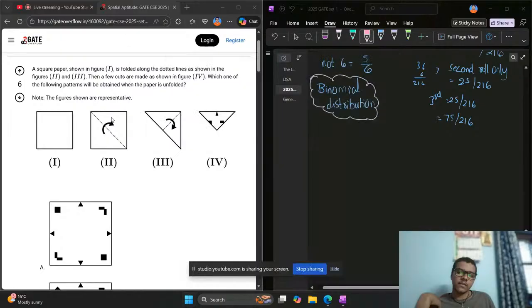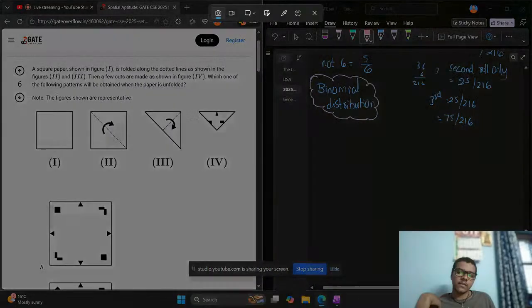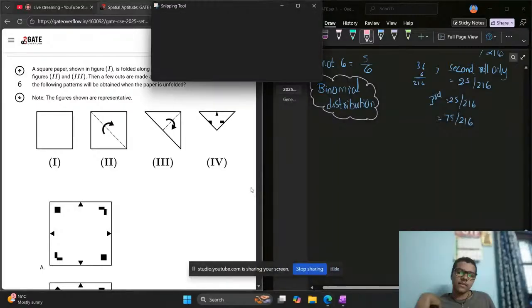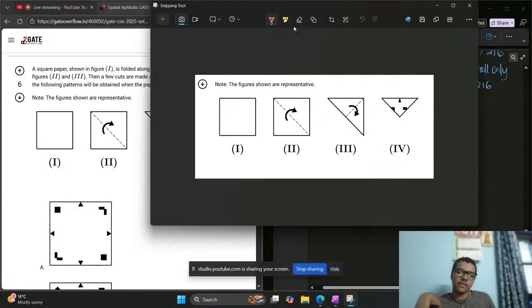Let's get a snipping tool. So this is folded like this. Oh, I just cannot visualize it, dude. Okay, this is folded. And if it will become even smaller. Right.